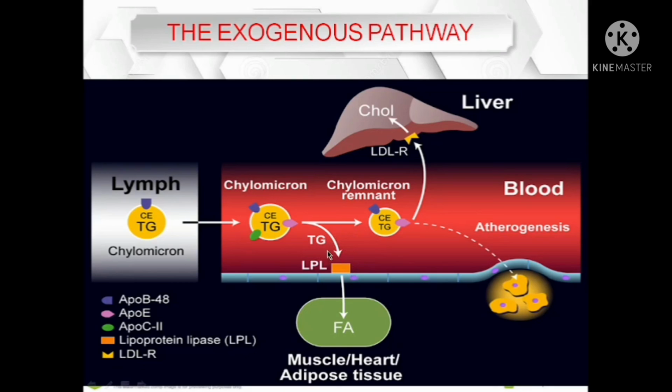And the enzymes LCAT, lecithin cholesterol acyltransferase, and CETP. If you have a lot of chylomicron in circulation, your HDL will increase. When HDL increases, it means that the activity of chylomicron will be promoted. Triglyceride will be broken down.